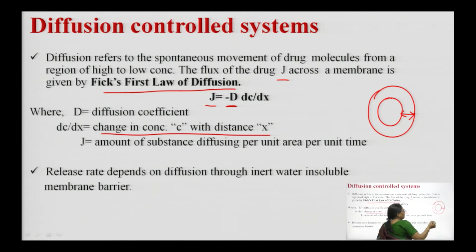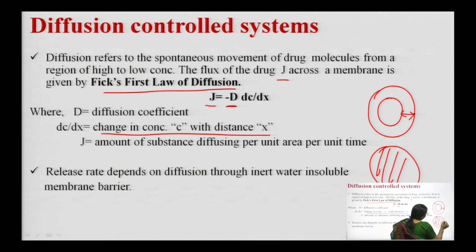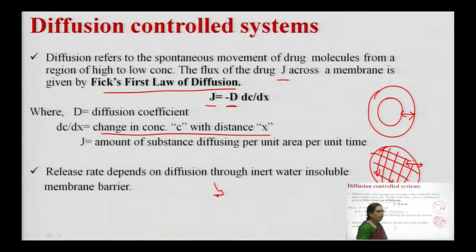If we are talking about a matrix type of system, as the drug is released from the outer layers of the matrix, the outer layers will become depleted and the distance will progressively increase, right.